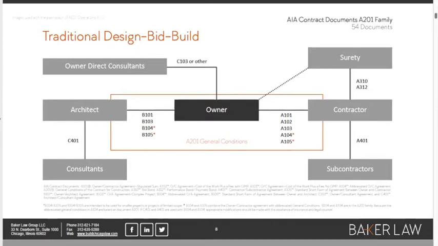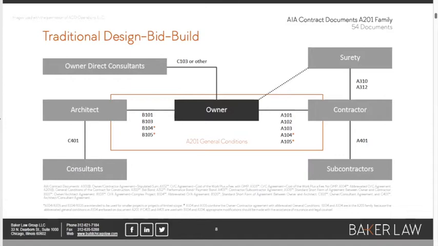So, everybody can see the owner is reflected by the black box in the middle. Again, lines represent contracts. To the left of the owner, a solid line over to the architect, listing the B series contracts that might be used for the owner to hire the architect. And underneath the architect, you can see a solid line connecting it to its subconsultants, and perhaps they're using the C401 architect subconsultant agreement.